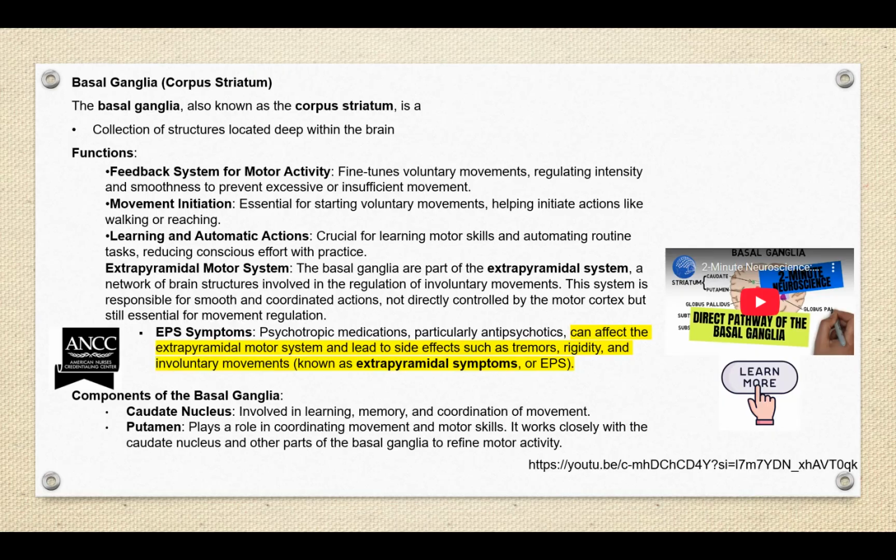This is important for you to know because many of the psychiatric medications, particularly first generation antipsychotics, okay, and this is like Thorazine, these are the older antipsychotics, and we'll get into first generation and second generation later on, can affect the motor system. And this leads to side effects such as tremors and rigidity and involuntary movements known as EPS.